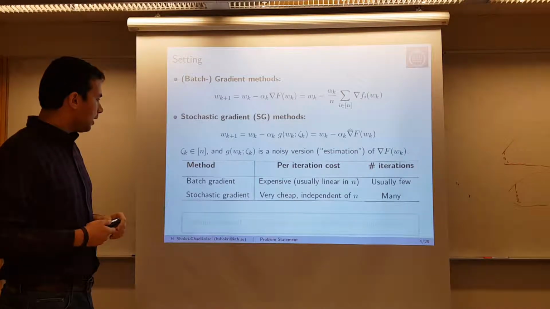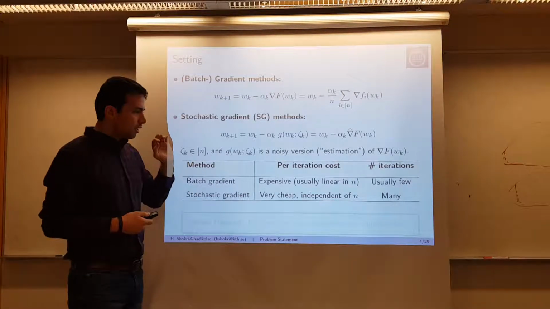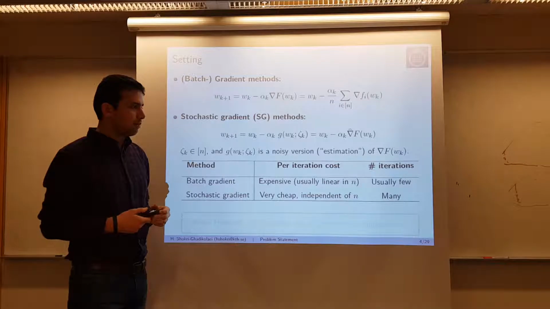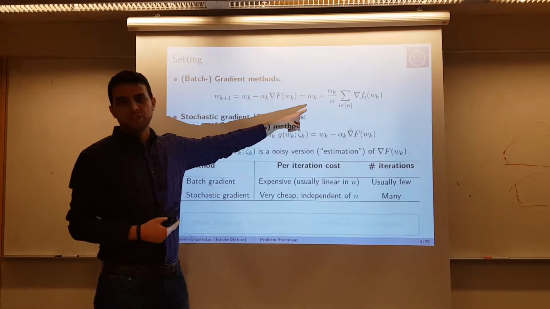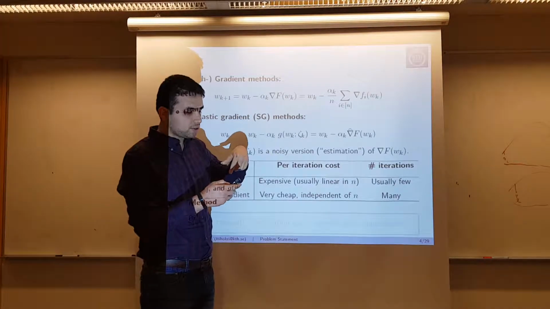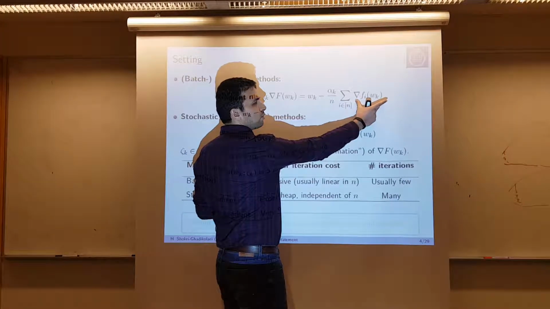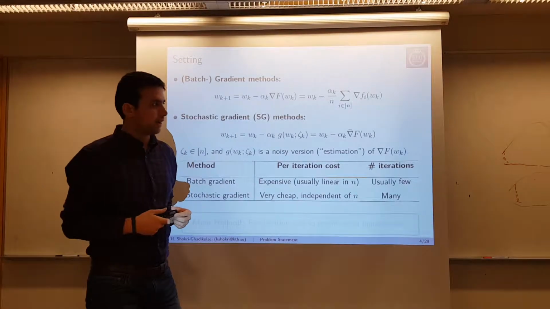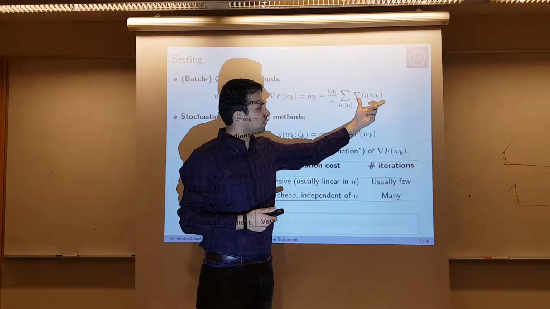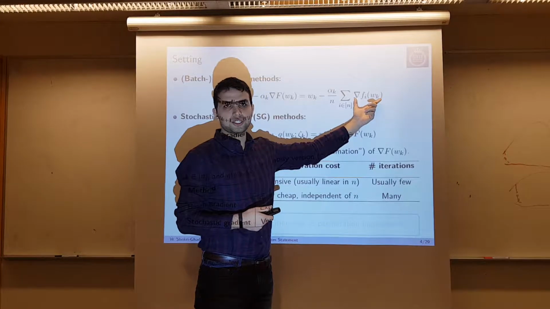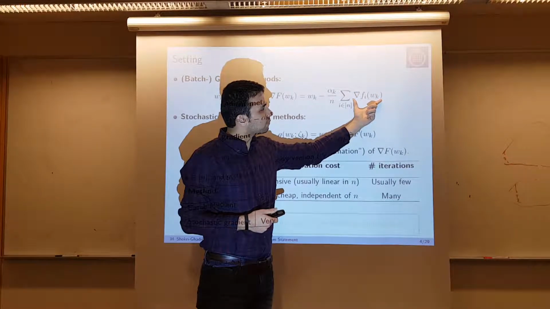This table. In the batch gradient method, we have an expensive per iteration cost. Why? Because this is what you would do in every iteration, right? So in every iteration, you need to be able to evaluate this gradient, okay? If you assume that evaluating this gradient at w_k is cheap, then you have low complexity.